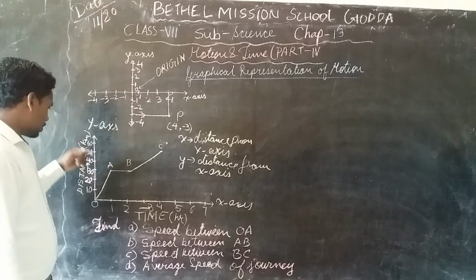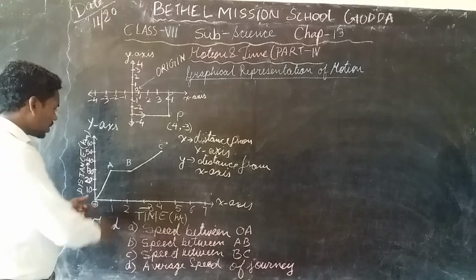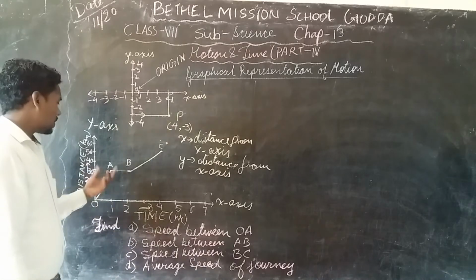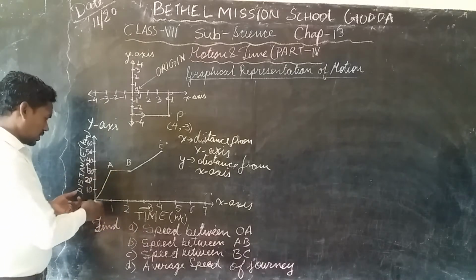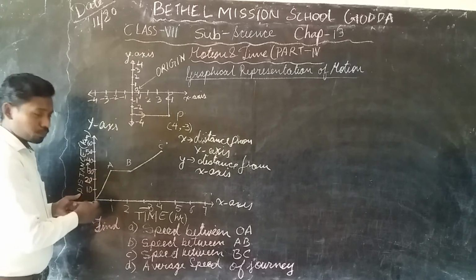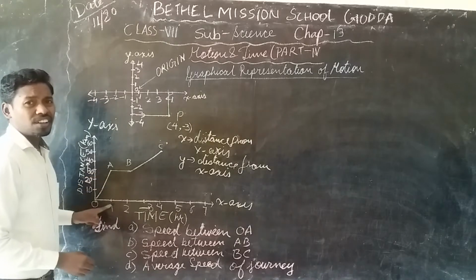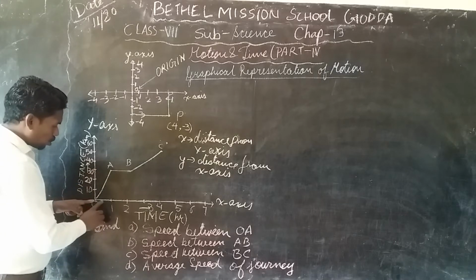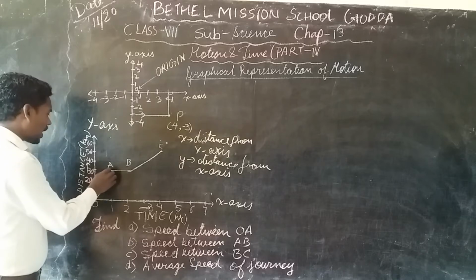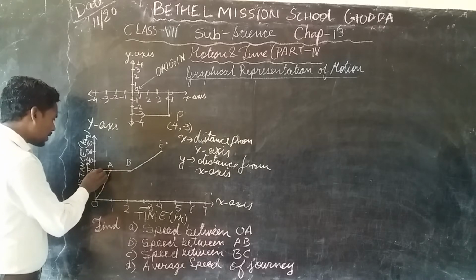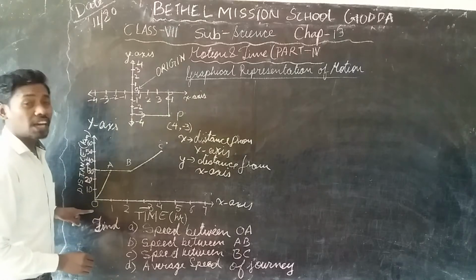Okay, so if an object has this motion, this is not the direction of motion. This is just information. What does the information say? That an object started from O, meaning 0, the origin, and after 1 hour it reached a point A. So from 0 to 1 hour it has moved from O to A, and A is 30 kilometers away from the starting point.